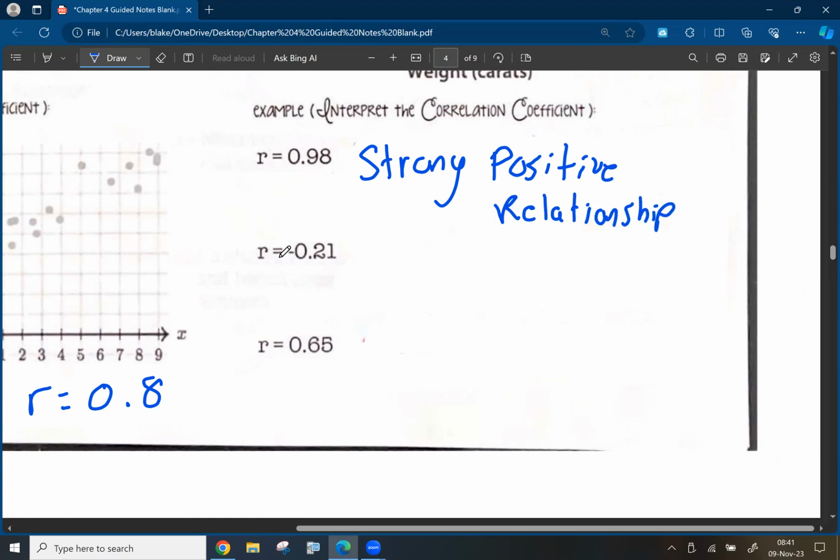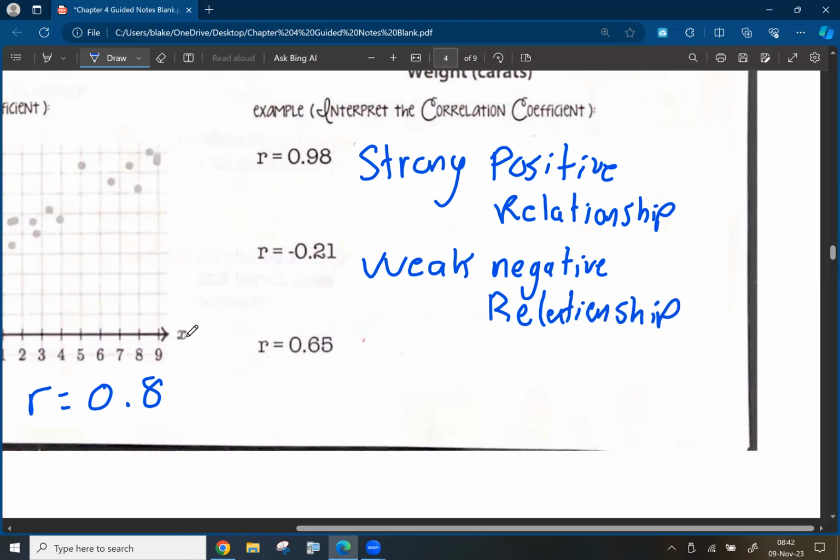If we got an R value of negative 0.21, we would say this is a very weak negative correlation, a weak negative relationship. And finally, if R was positive 0.65, that's not that weak, but it's definitely not that strong. This is more of a moderate positive relationship.